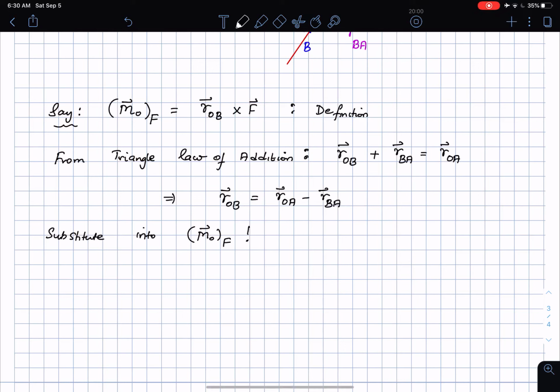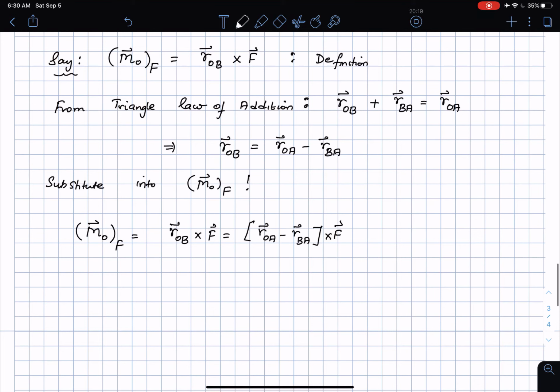If I do the substitutions, then the moment about the point O due to the force F, which was R_OB cross F, is now going to be R_OA minus R_BA, cross F, which can be written as R_OA cross F minus R_BA cross F. I'm just using the distributive property of moments.